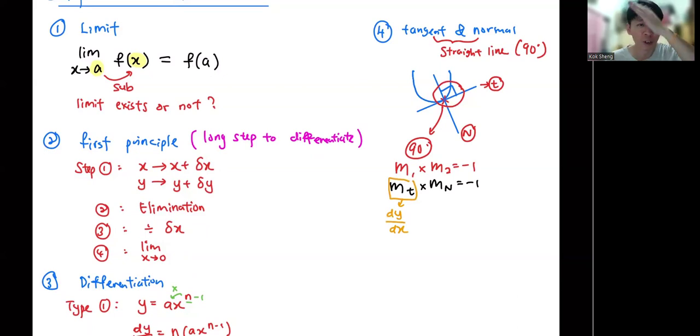But of course, a curve actually has a lot of tangents.